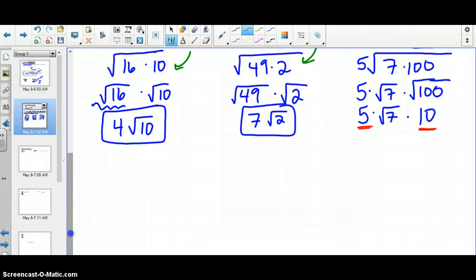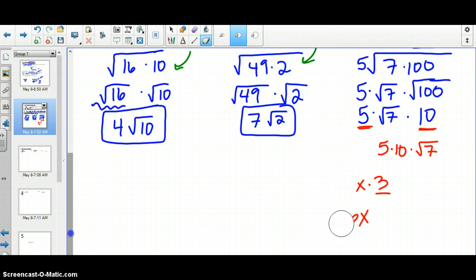The 10 and the 5 are being multiplied, it's kind of like saying 2 times x times 3. You would just multiply the 2 and the 3 and say that that's 6x. We're going to do that same thing. This is 5 times 10 times root 7. So this is going to simplify to 50 root 7.